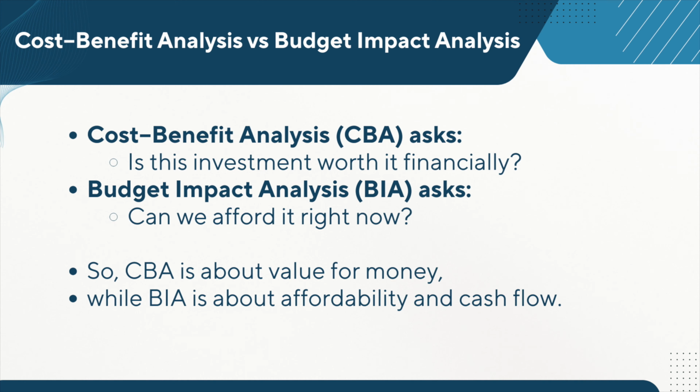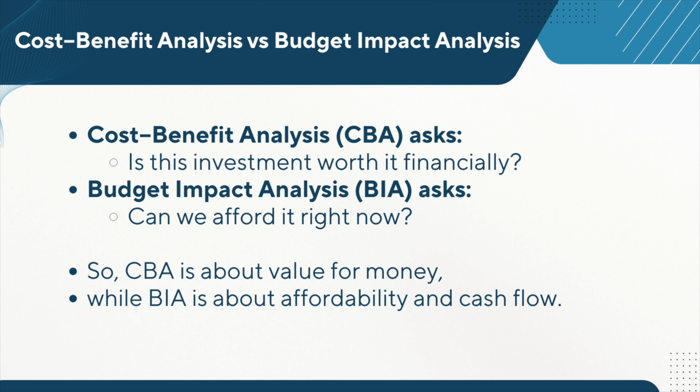On the other hand, budget impact analysis asks the question, can we afford it right now? It looks at how much money will actually be needed from the healthcare budget each year over a period of 1 to 5 years, as usual, and whether that money is available now or not. So cost-benefit analysis is about value for money, but budget impact analysis is about affordability and cash flow.